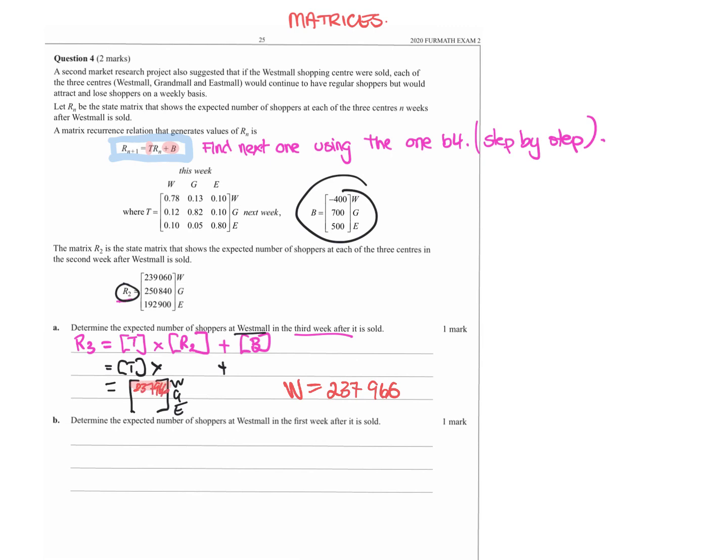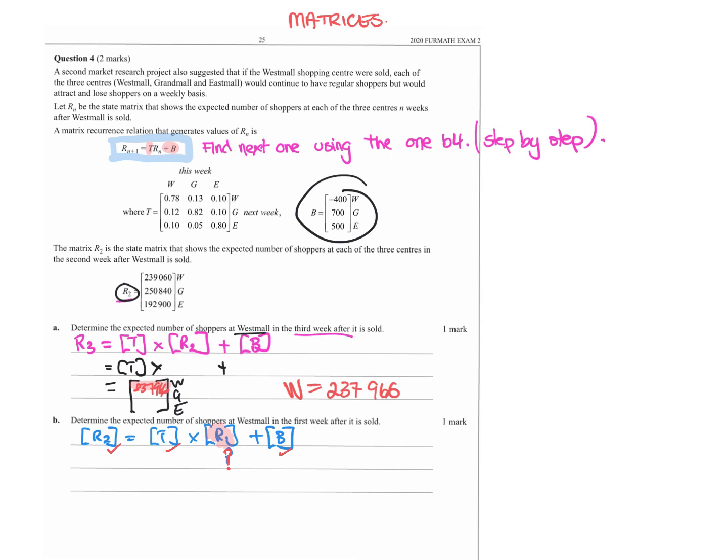Now, determine the expected number of shoppers at Westmall in the first week. So this way you have to go backwards. If we first think about how we would have found R2, R2 would have been found by doing the transition times R1 plus B. Now R1 is the one we don't know, and that's what we're trying to find, but we know this one and this one.